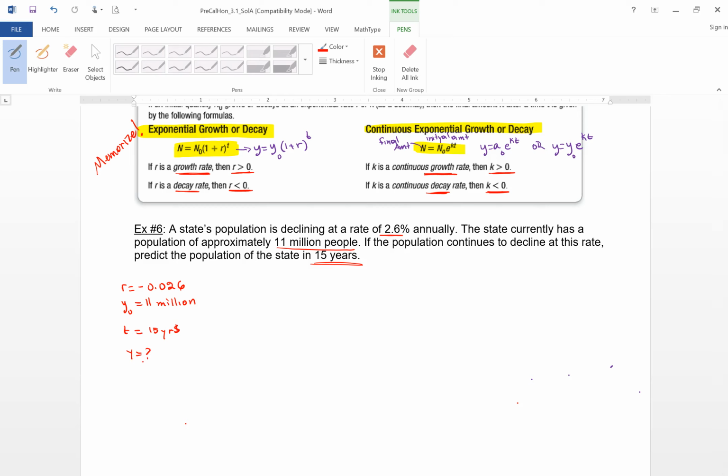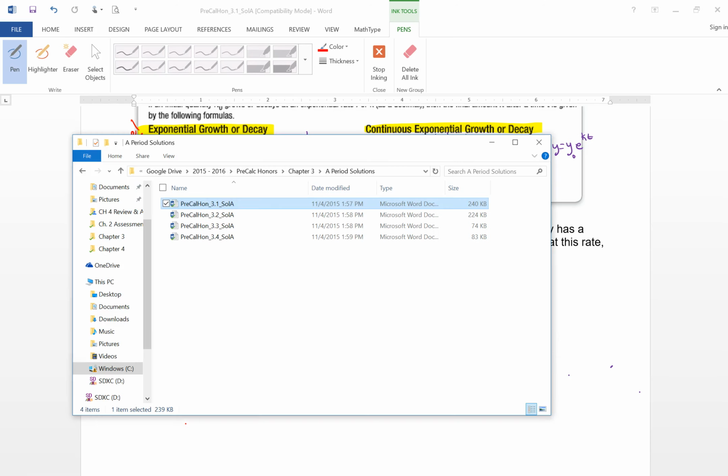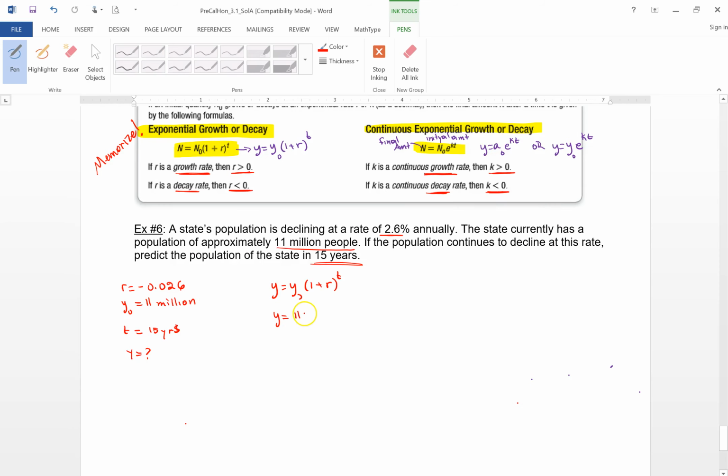This is not continuous, right? It's declining at an annual rate. So this is what we're going to use, the first one. If something is declining annually, this is what we use. y equals y naught (1 + r) to the power of t. y is equal to just 11, not 11 million, times (1 minus 0.026) to the power of 15.